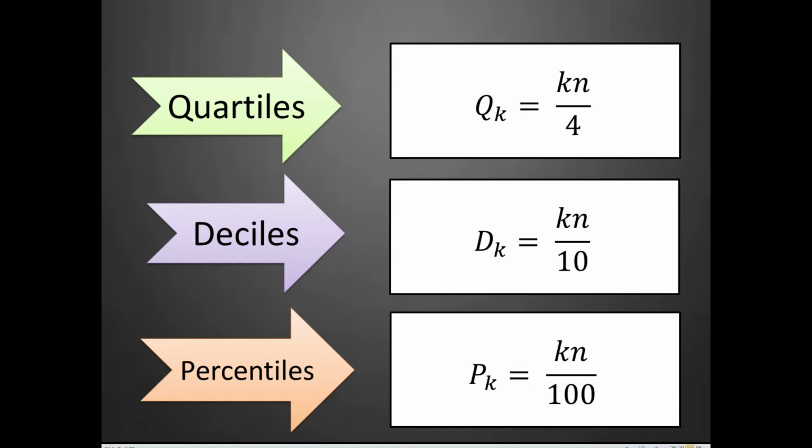And for percentiles, we will use our formula P sub k equals k times n over 100. So for quartiles, the denominator is 4. Deciles, the denominator is 10. Percentiles, the denominator is 100. N here is the number of entries or data in the given set.